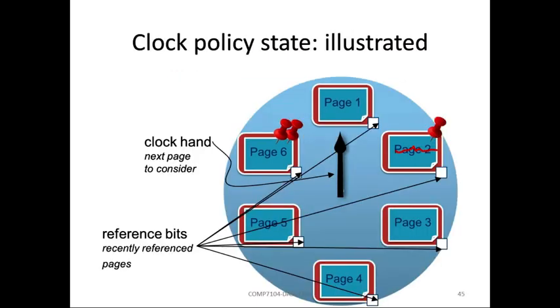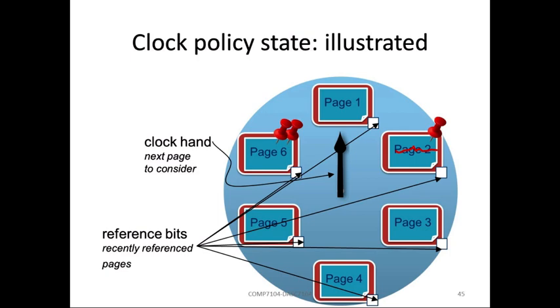With the clock policy, logically, pages will be organized in some kind of circular fashion, like the time moments of a clock, and they can be visited in round robin fashion, clockwise, one at a time, by a clock hand. A clock hand that will indicate the next page to consider for replacement. At any given moment, the clock hand points to the next page to be considered for replacement.